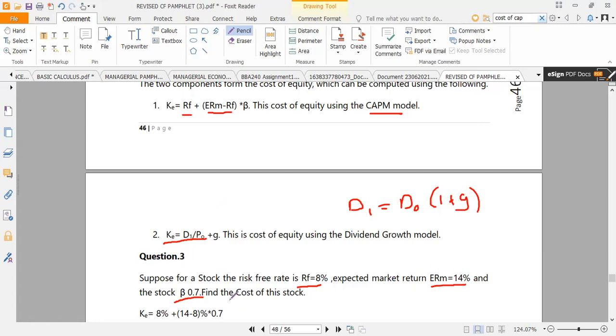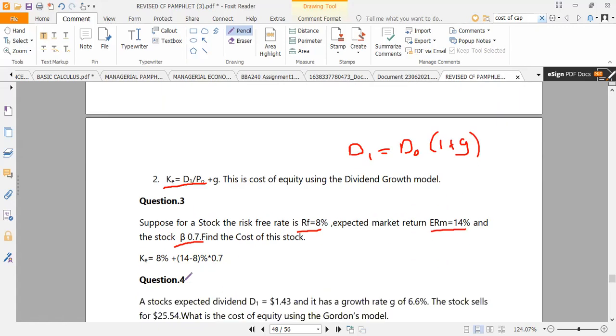Our market return is 14%, minus the risk-free rate of 8%, times the beta, which is 0.7. So when you calculate this, you're going to get 12.2%. This is the cost of equity or common stock.